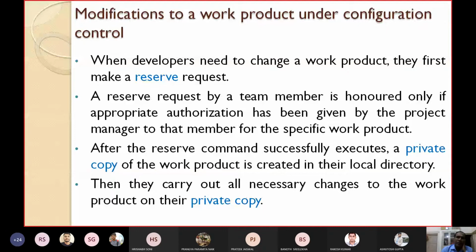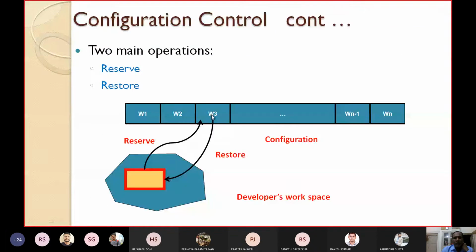Now, a reserve request by a team member is honored how? It is honored only if appropriate authorization has been granted by the project manager to that member for the specific work product. So here this developer wants to make modifications in W3. He will be granted permission if his request is verified by the project manager, and the project manager feels that yes, this is a genuine modification.